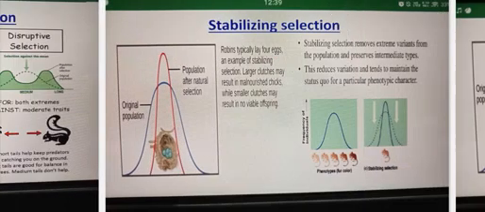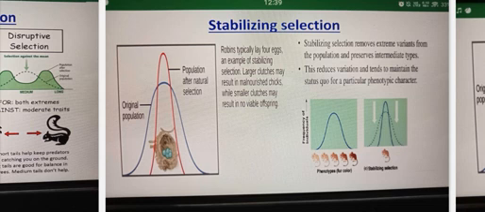Here we can see stabilizing selection in detail. Original population is there. Population after natural selection, the middle one is favored.